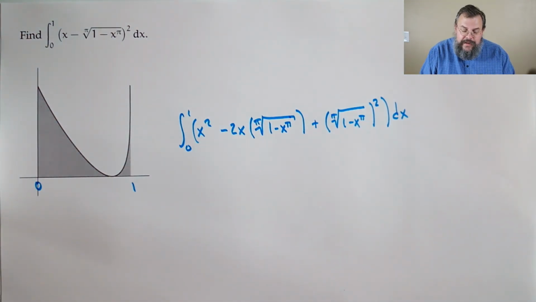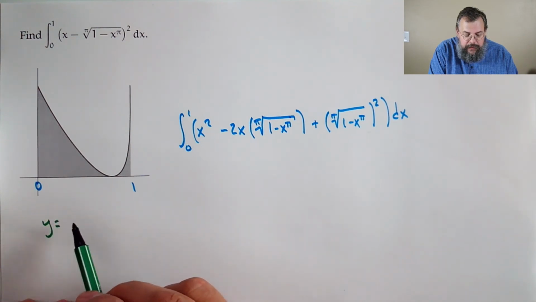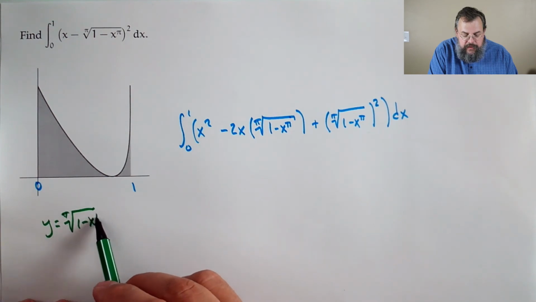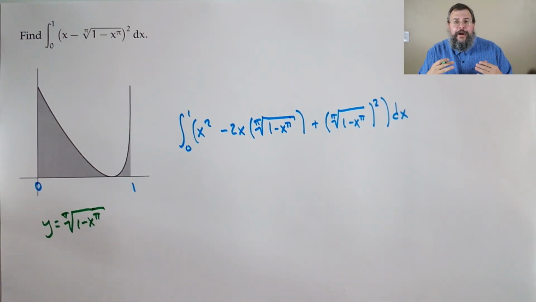So let's think about this function. This is kind of a strange function. So we're going to do a little bit of work on the side for a moment here. So suppose I look at this function, y equals the pith root of 1 minus x to the pi. Now, you're probably not recognizing what this looks like, but suppose we wanted to get a feel for it.